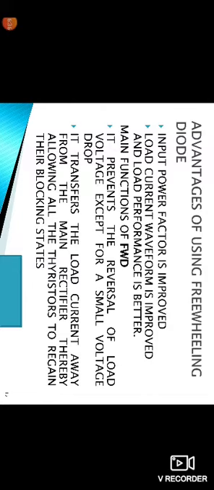The main advantages of using a freewheeling diode: the input power factor is improved. This is the main and important point, that the power factor is improved, the load current waveform is improved, and load performance is better. Main functions of the freewheeling diode: it prevents the reversal of load voltage except for a small voltage drop.